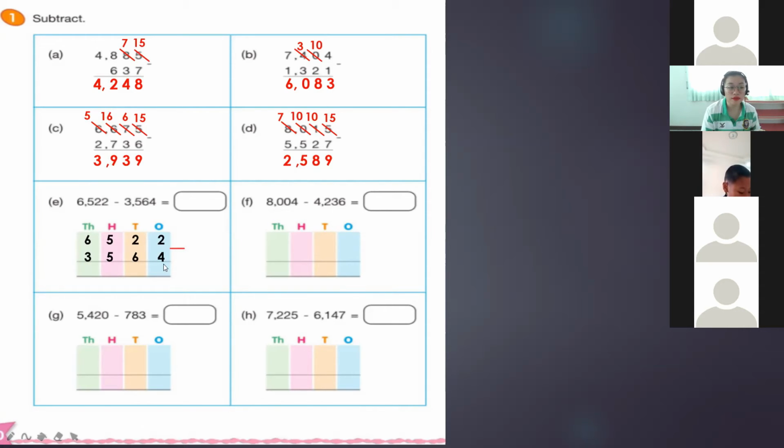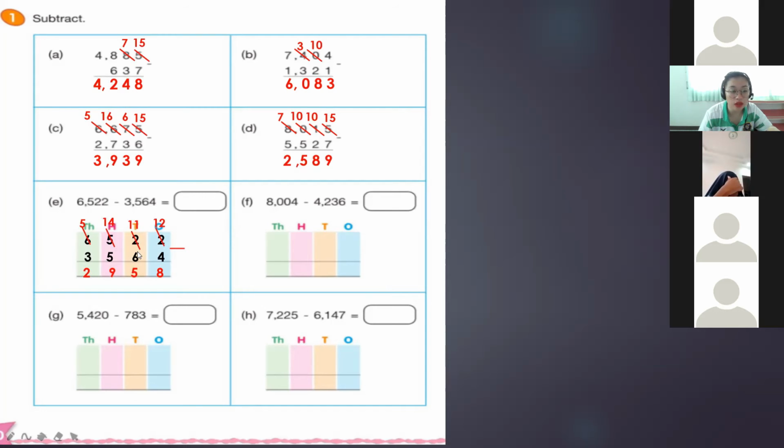Okay, so we will start subtracting from the ones place. So we can see that 2 is smaller than 4. So we have to borrow from 2. So this will become 1 and 2 will become 12. Okay, and 12 minus 4 is equal to 8.